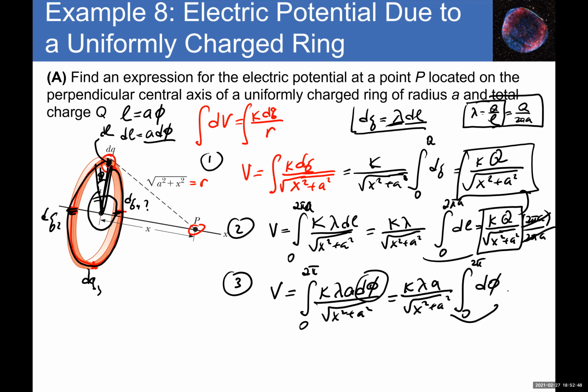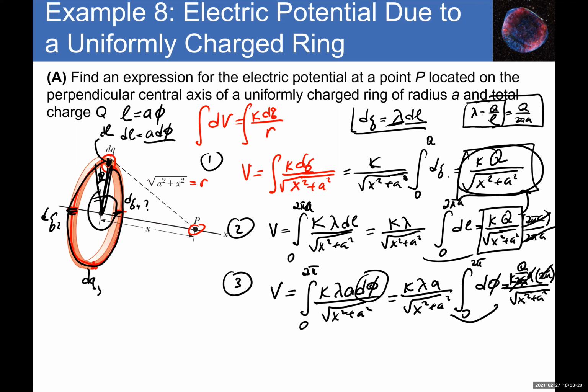That means what I end up with here is k lambda A times 2 pi over x squared plus a squared. Again, what do we do with this? Remember that lambda equals q over L, or q over 2 pi a. If I replace lambda with q over 2 pi a, the a's cancel out, the 2 pi's cancel out, back to exactly the same thing.